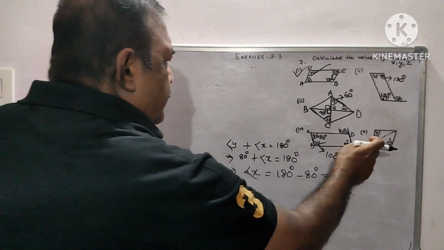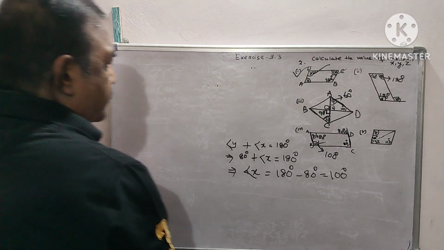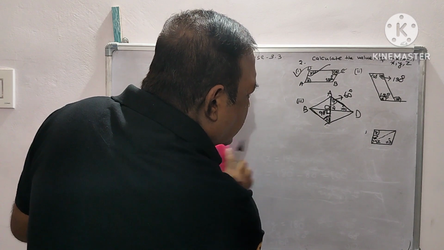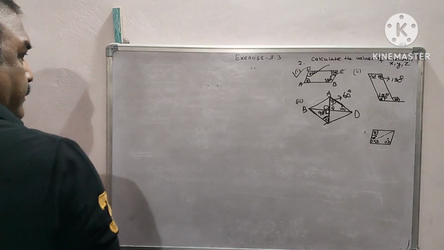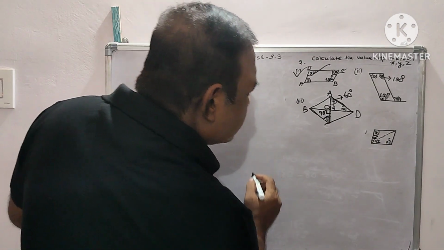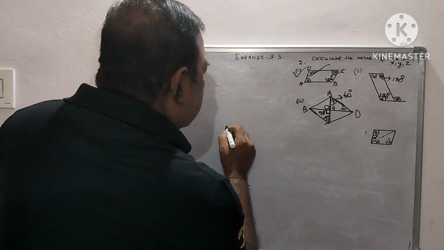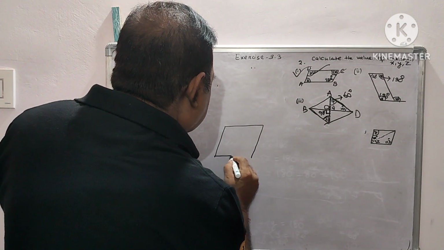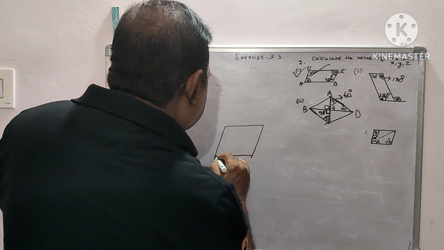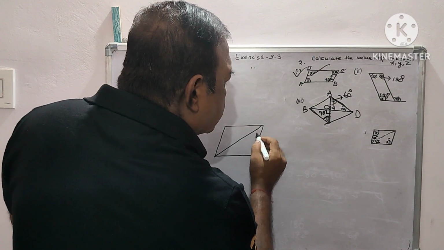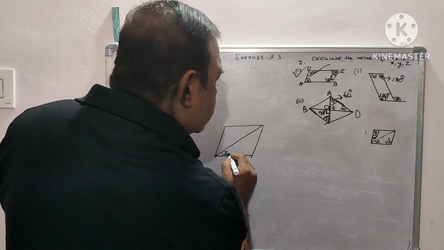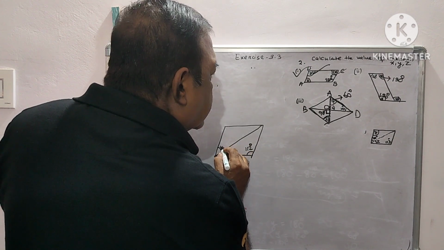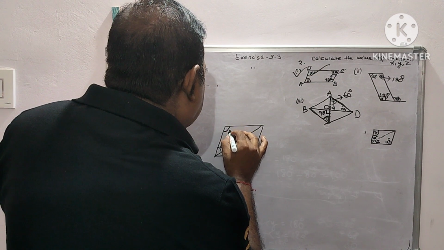Now we move to the last one. What has been given? I may draw it like this. This is 112 degrees, yes. This is 40 degrees, and this is y.